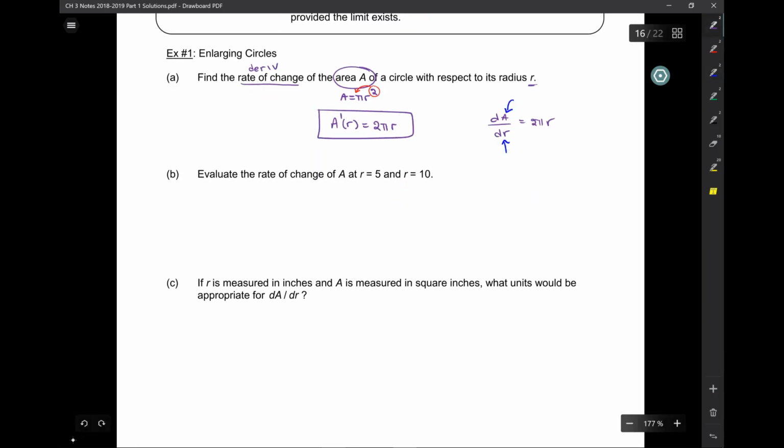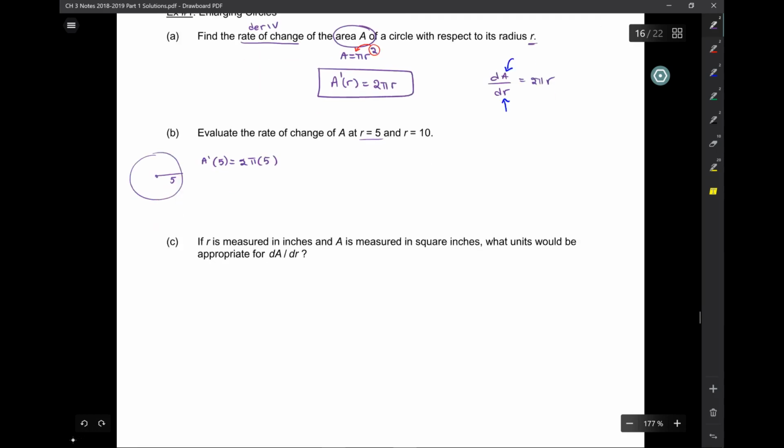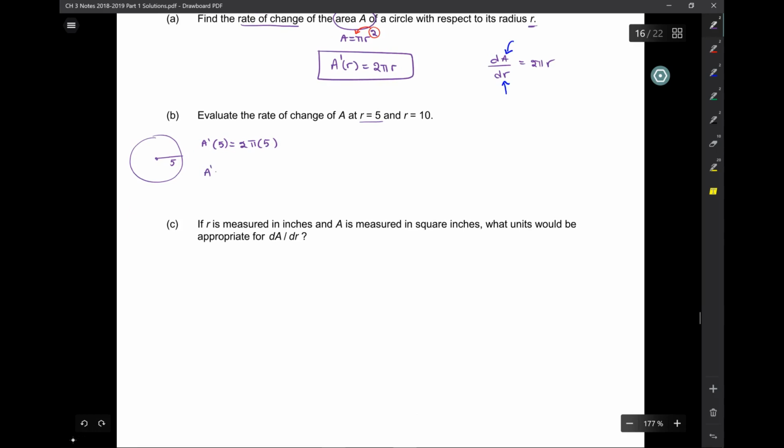Now it says to evaluate the rate of change of A at r equals 5 and r equals 10. So when r is equal to 5, A prime of 5 is equal to 2 pi times 5, so A prime of 5 is equal to 10 pi.